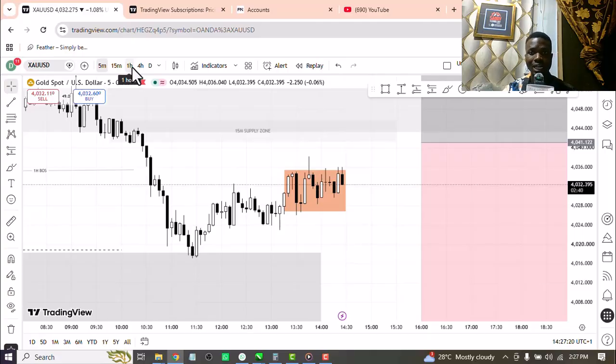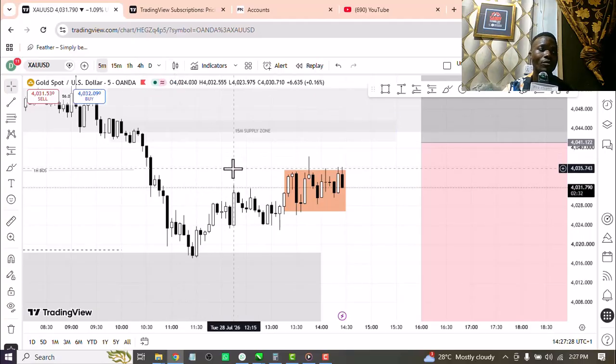It's not going to start at the 1 hour time frame. If you learn how to read the chart very well, you will know how to follow the footprint of price, and thereby envision where price is going. All right, that is something I want to share with you.